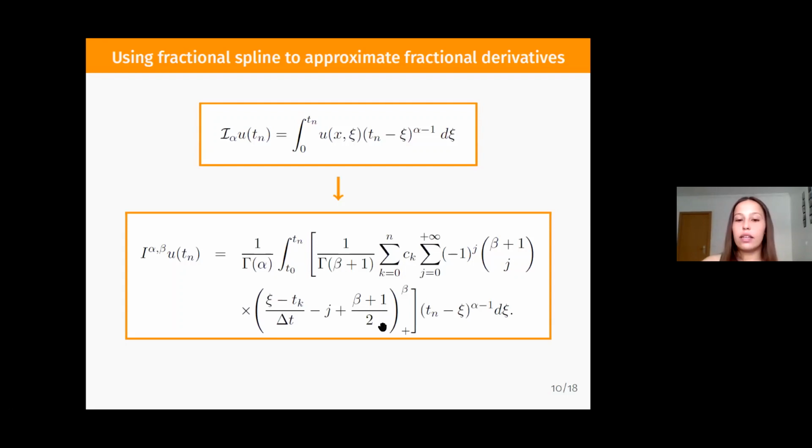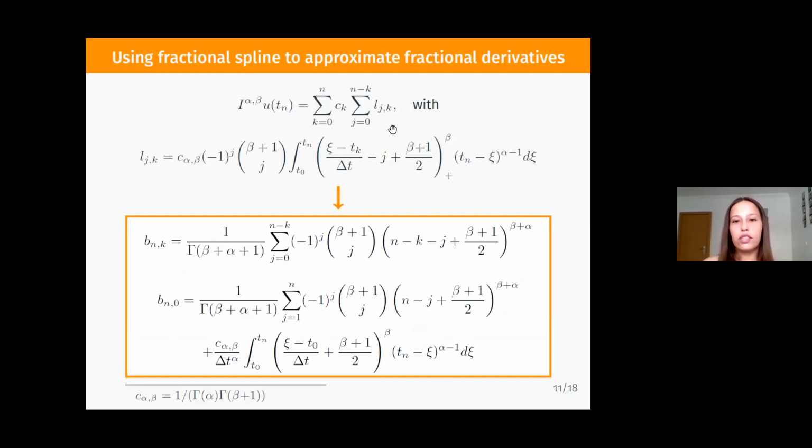And using the same technique as before, as here C is between T0 and Tn, we can drop this plus infinity and replace it by n minus k. And then we have a finite sum, and we can exchange the integral with the sum.